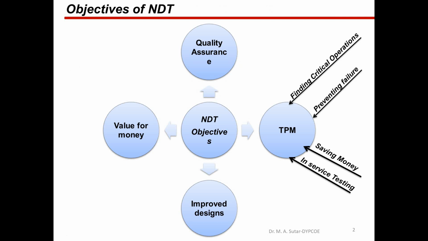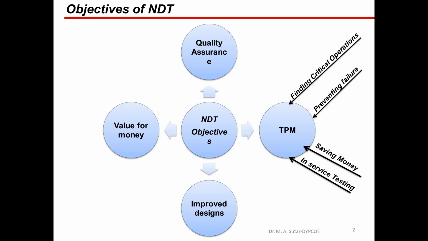The objectives of NDT are quality assurance, TPM, that is total productive maintenance, more improved designs with the help of non-destructive testing, and value for money, of course, customer satisfaction.